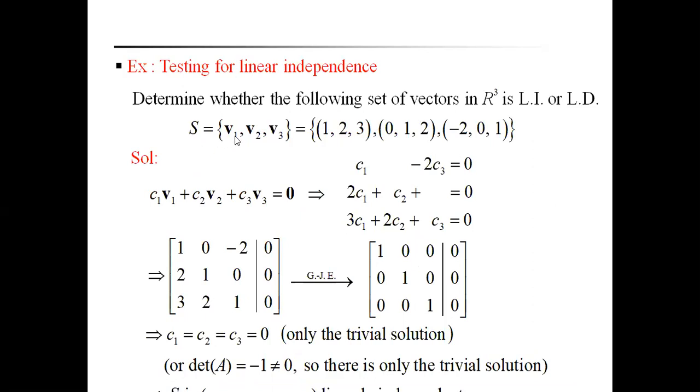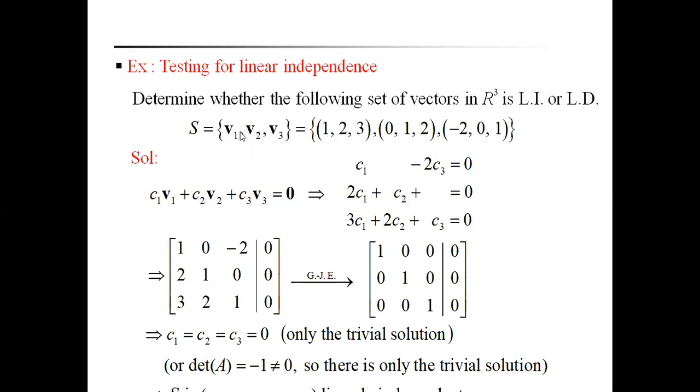S is equal to {V1, V2, V3}, where the first vector V1 is (1, 2, 3), the second vector V2 is (0, 1, 2), and V3 is (-2, 0, 1). First, write the linear combination of these vectors equal to 0.